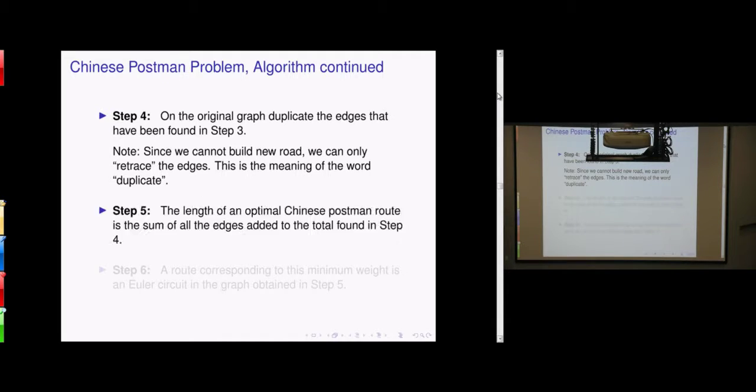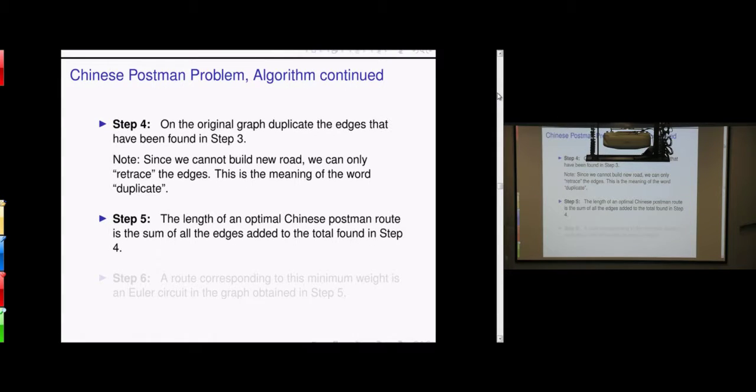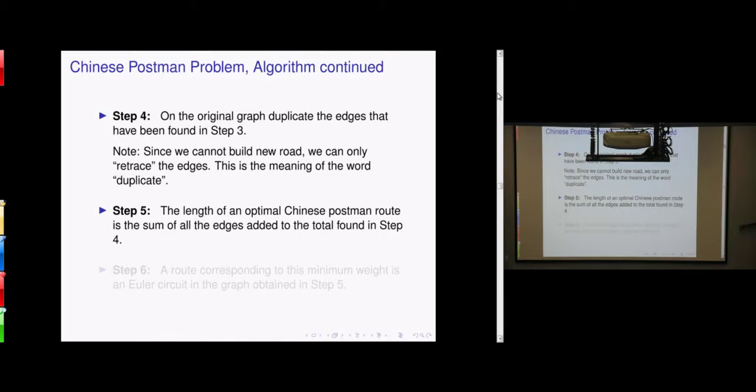Step 5, the length of the optimal Chinese postman route is the sum of all these added edges added to the total found in step 4. So you duplicate some edges, there's a number, and then the rest is you have to travel and cover every single street.